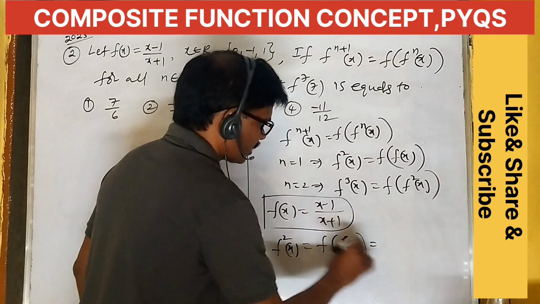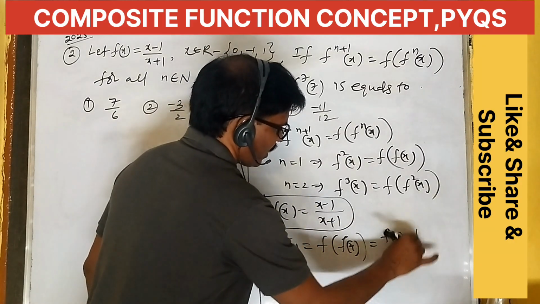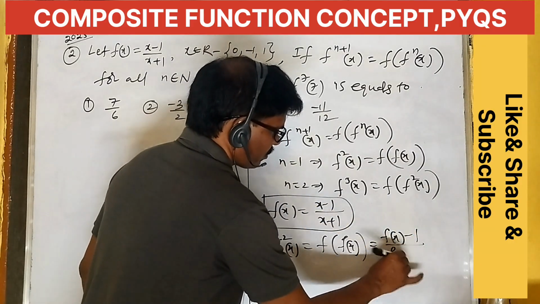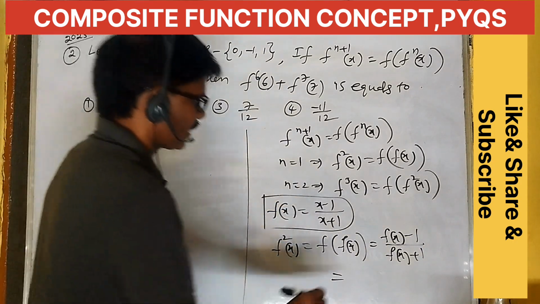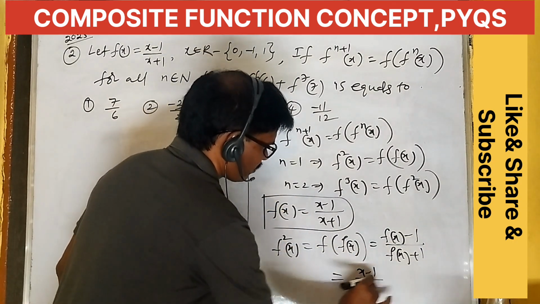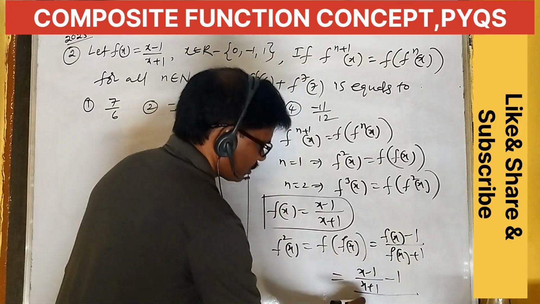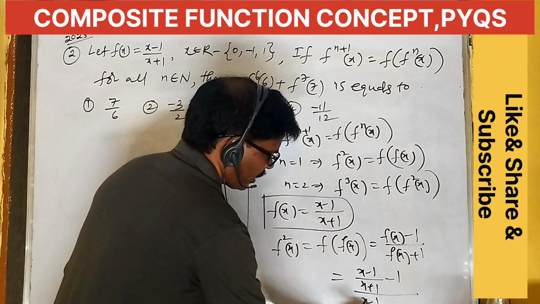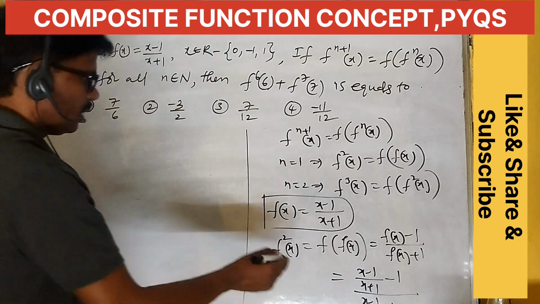What is the f of x means here? Here x is replaced by f of x. What is the f of x value? F of x is equal to x minus 1 by x plus 1, minus 1, by here also x minus 1 by x plus 1, plus 1. Okay, simplify this one.